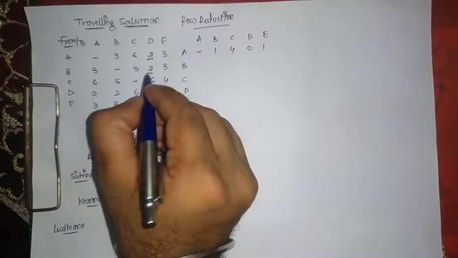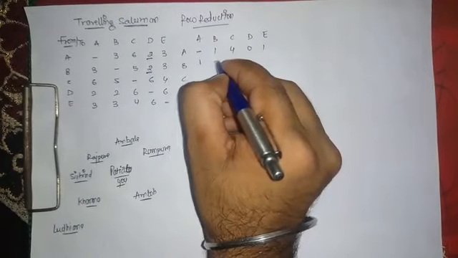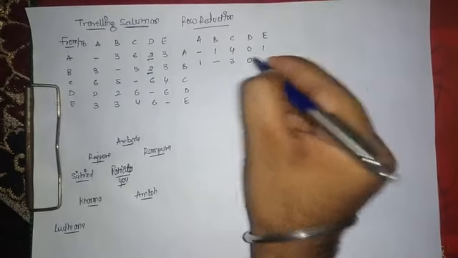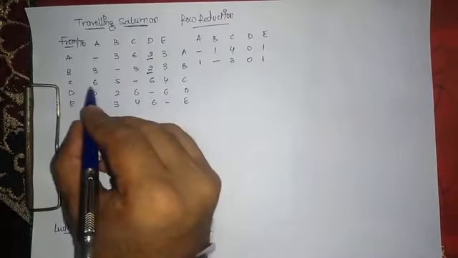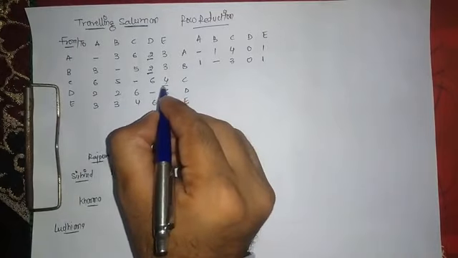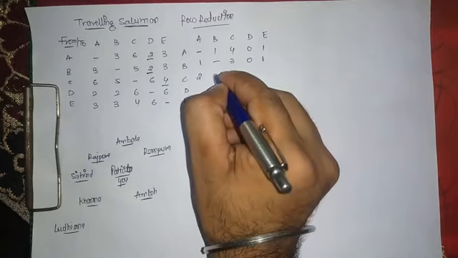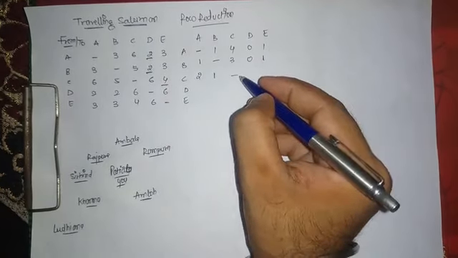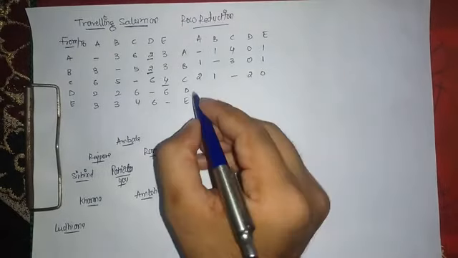Again the smallest element is 2: 3 minus 2 is 1, hyphen, 5 minus 2 is 3, 2 minus 2 is 0, 3 minus 2 is 1. Okay, the next smallest element is 4: 6 minus 4 is 2, 5 minus 4 is 1, hyphen remains the same, 6 minus 4 is 2, 4 minus 4 is 0.